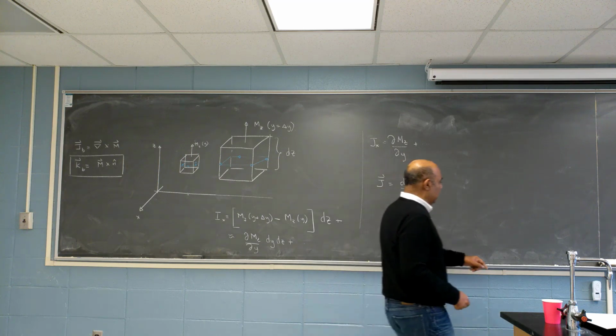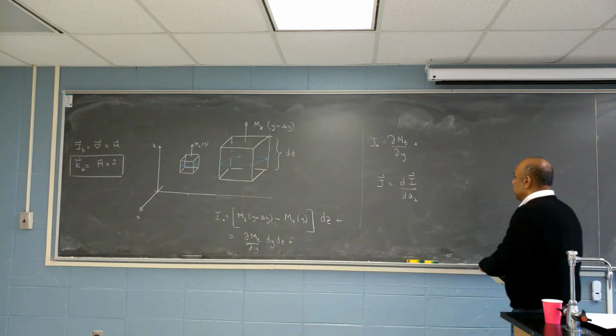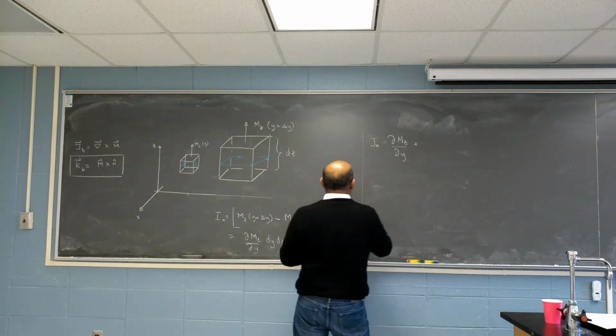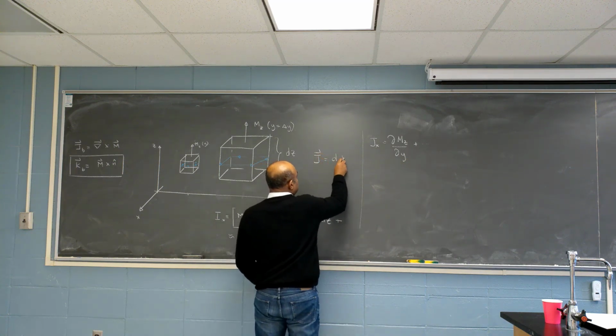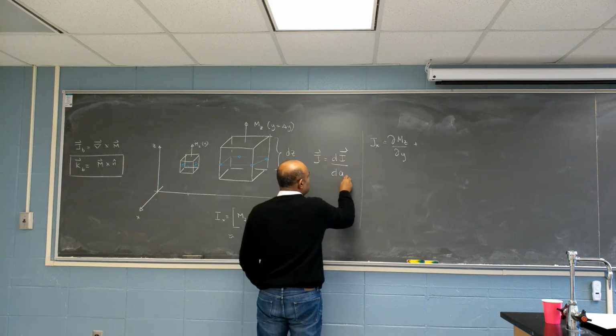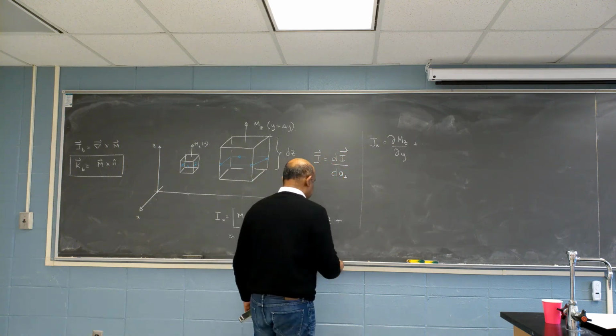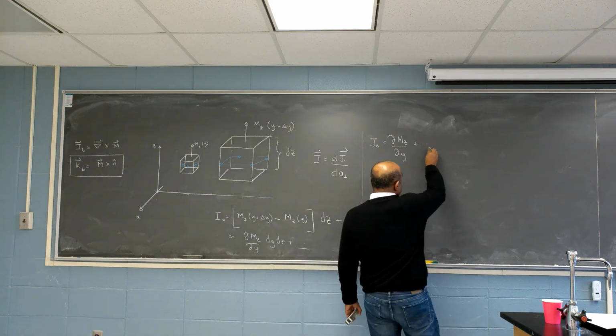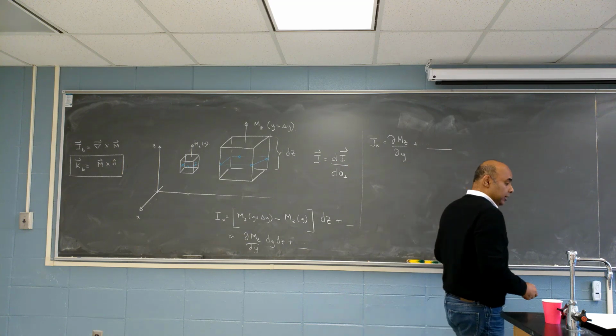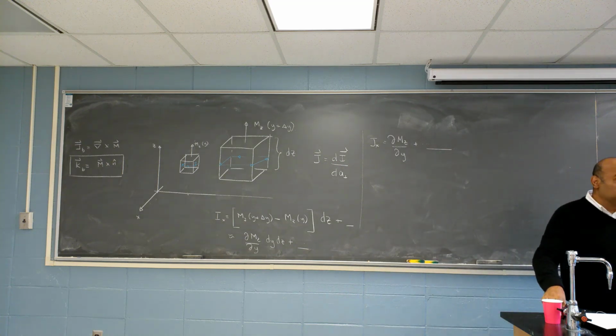So let me leave that here. J equals di over dA perp. So over here I have left a blank, and I need to fill that in. Where else could the I component come from?